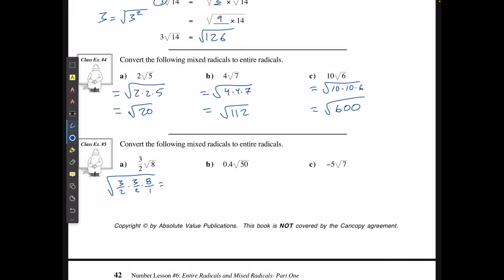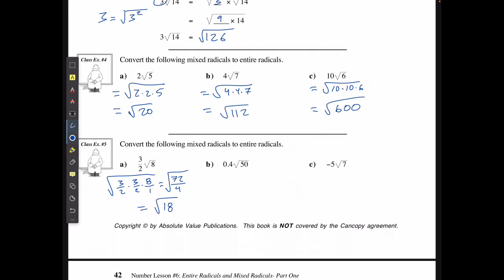So 3 times 3 times 8 is going to give me 72. And 2 times 2 times 1 is the same as 4. And then I can still take a look at it and say, well, can I reduce this? 72 divided by 4, yes, it does divide out evenly, and I can just call it the square root of 18. It's a mixed radical, but it's been simplified.